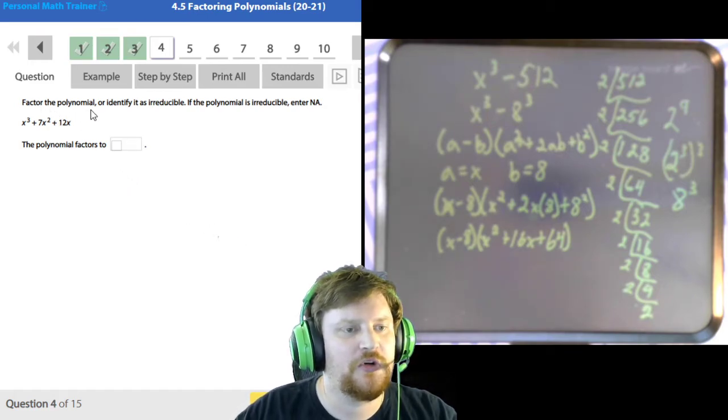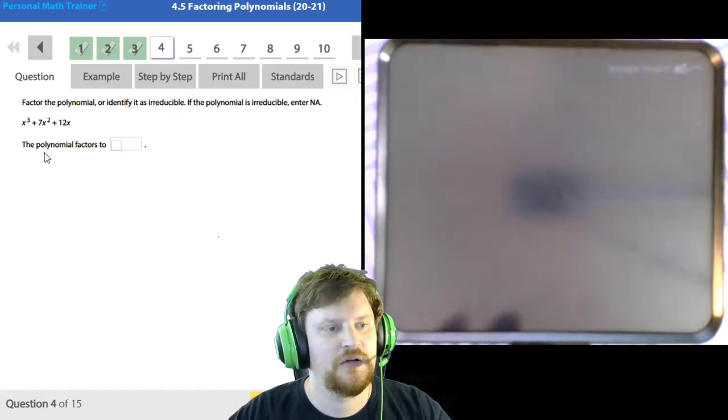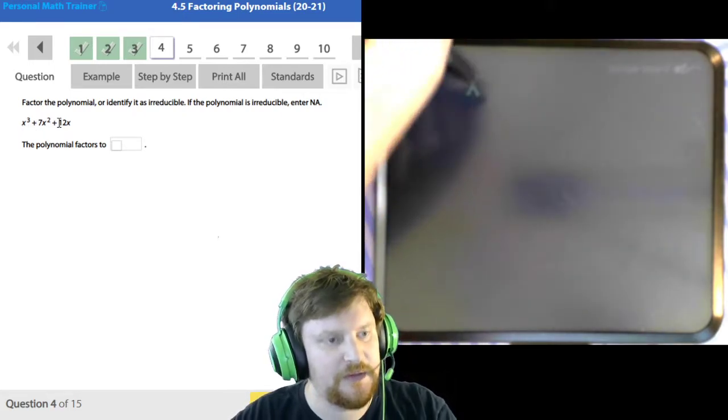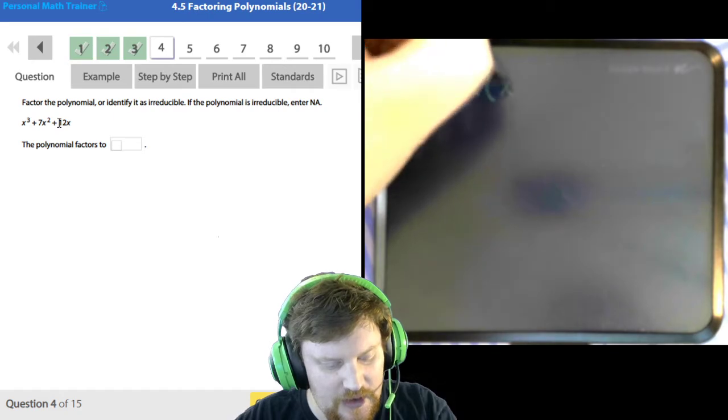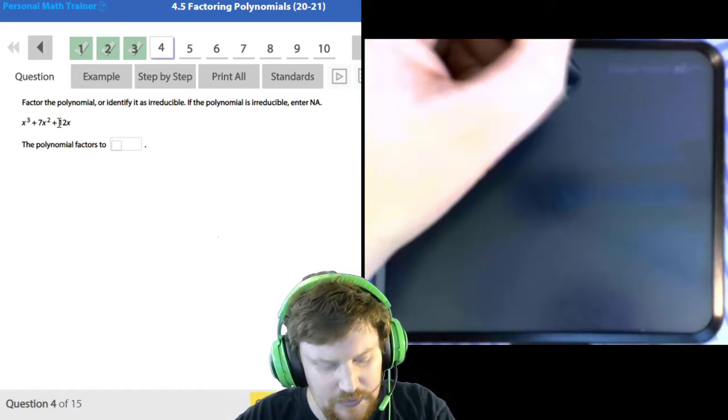Factor the polynomial or identify it as irreducible. If the polynomial is irreducible, enter NA. So let's see, I've got, well, an x factors out clearly because they all share an x. So I've got x squared plus 7x plus 12.